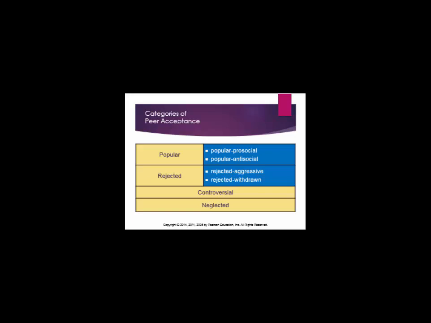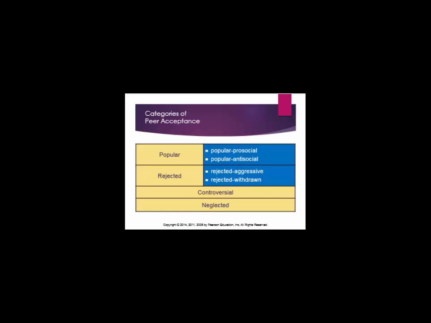Popular children can be broken down into 2 different categories. Popular prosocial children are going to be the kids who combine academic and social competence. Popular antisocial children would include the tough boys. They might be athletically skilled but poor students who cause trouble and defy adult authority.